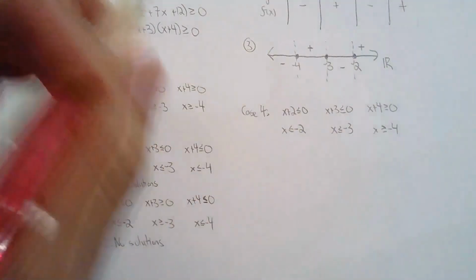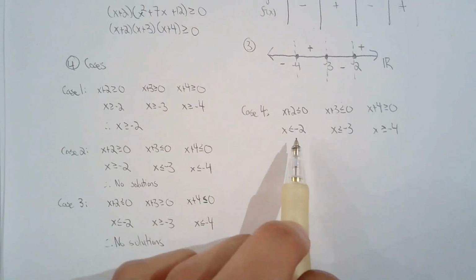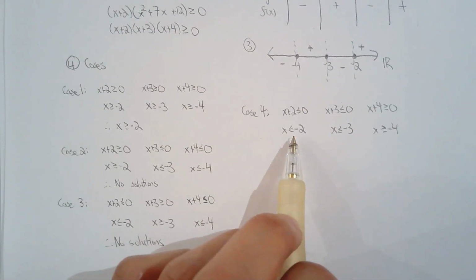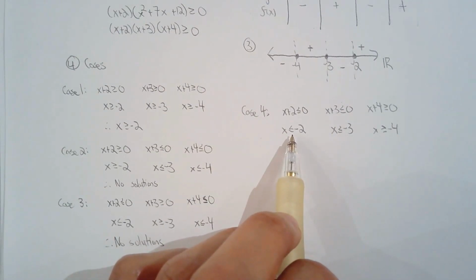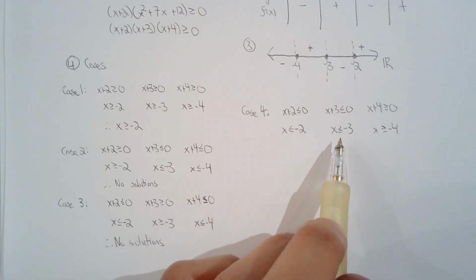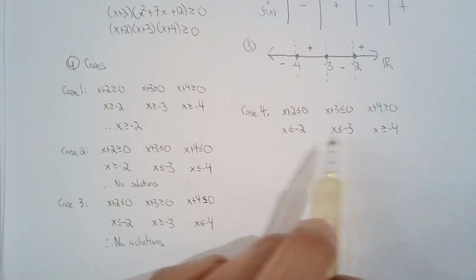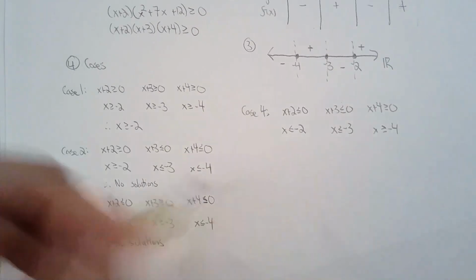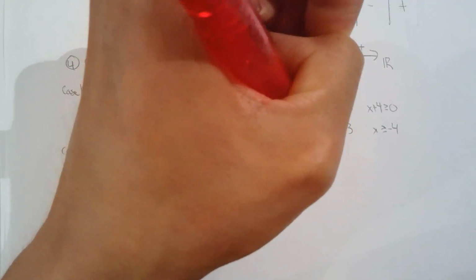Alright, so let's see. Okay, when is this satisfied? Less than or equal to negative 2, less than or equal to negative 3. So less than or equal to negative 3. Okay, beautiful. So you can actually solve all three inequalities when you're between negative 4 and negative 3. Okay?